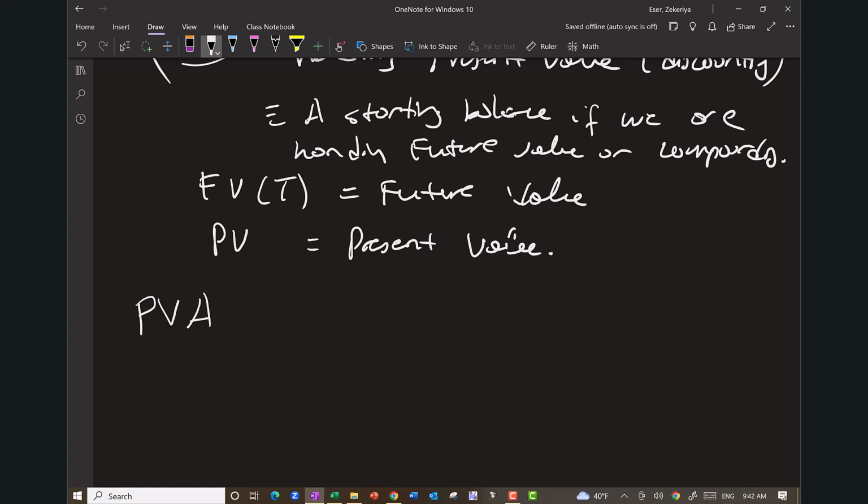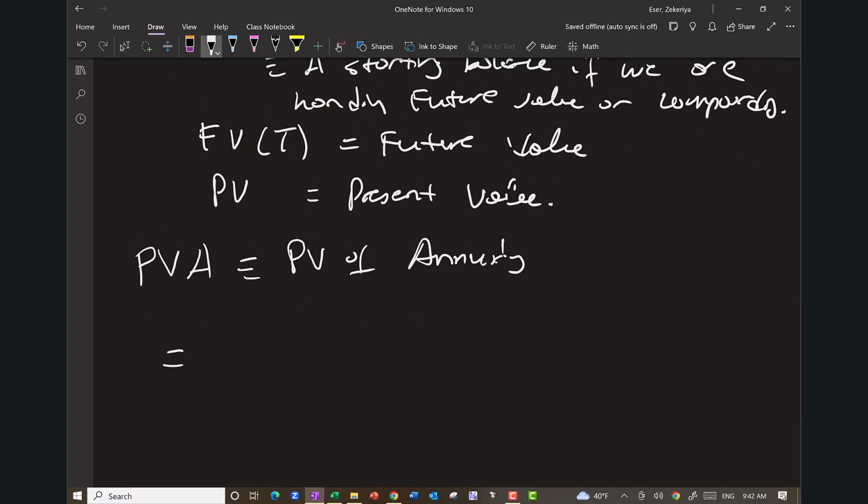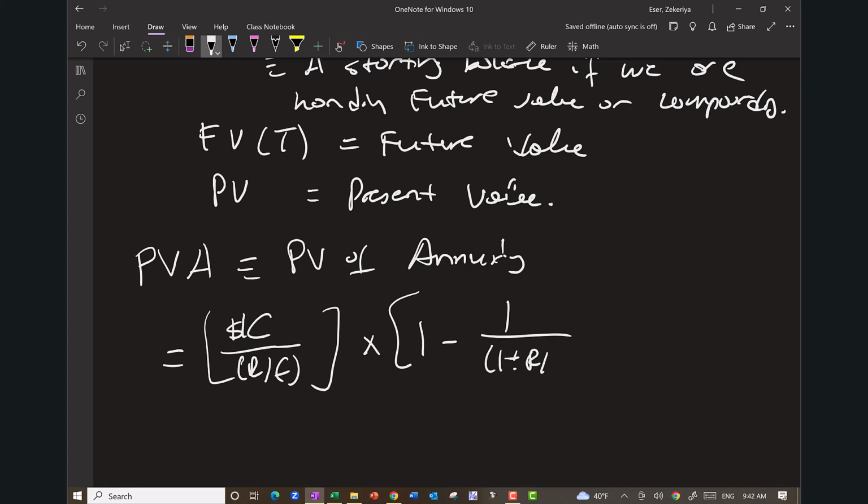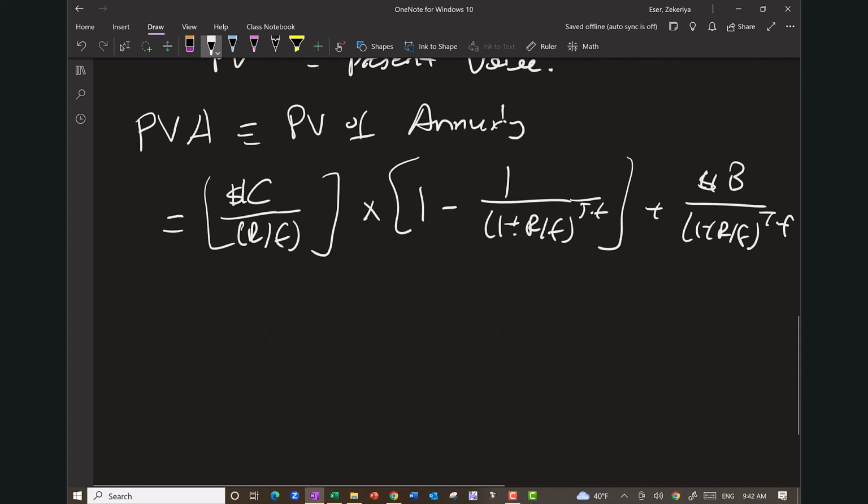Present value of an annuity is equal to $C divided by R over F times 1 minus 1 over 1 plus R over F raised to the power T times F plus $B. Okay. I told you it's ugly.